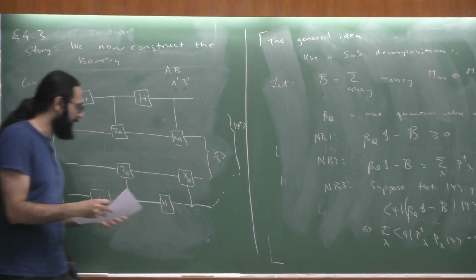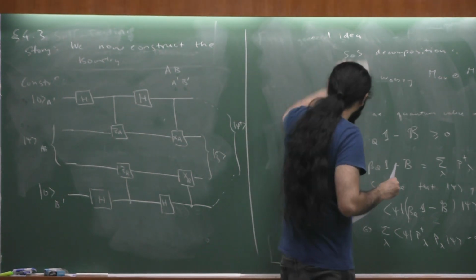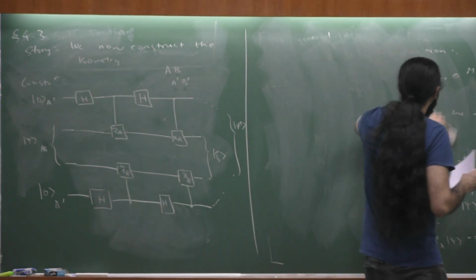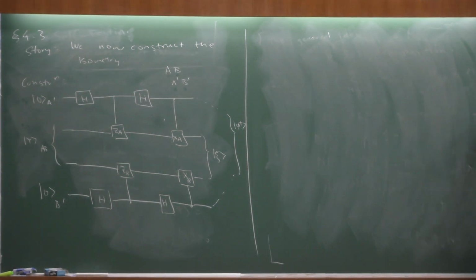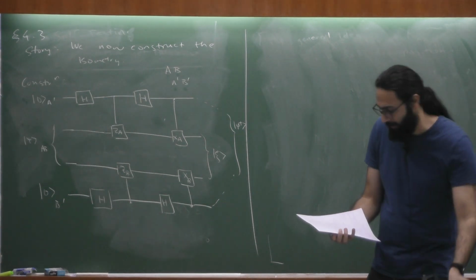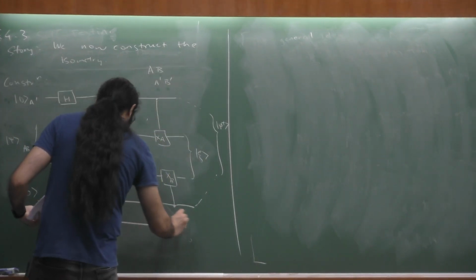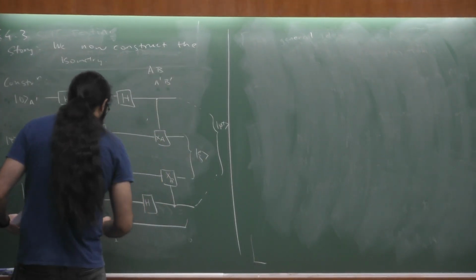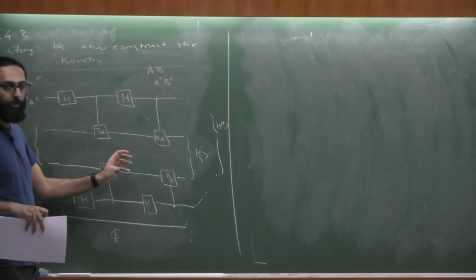Okay, so let's see why this might actually make sense. Why would someone write an object like this? In general, these correspond to the observables used by the adversary.